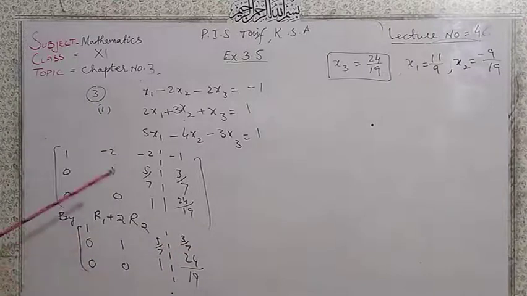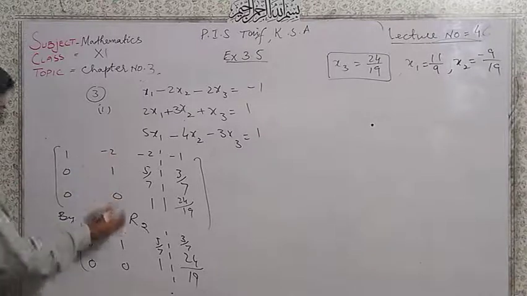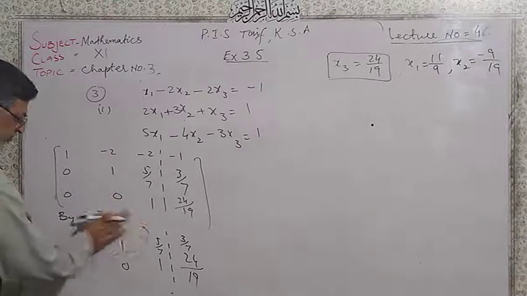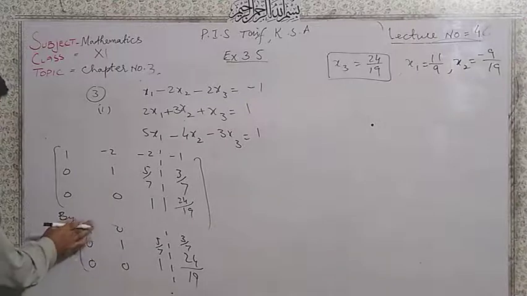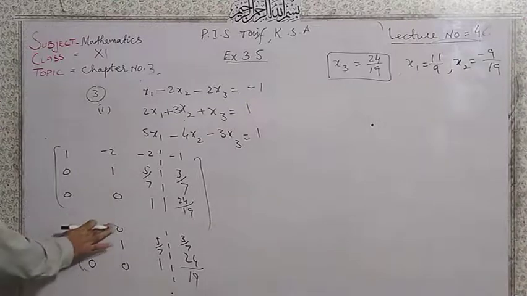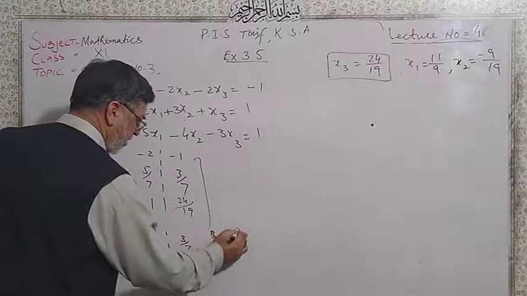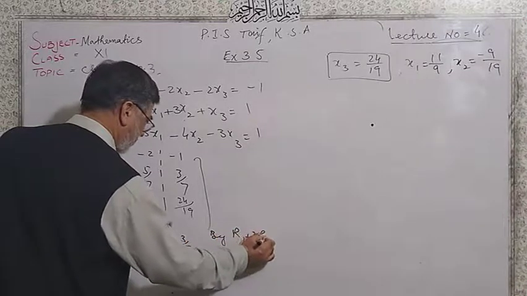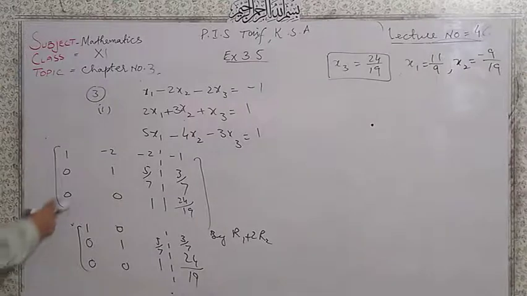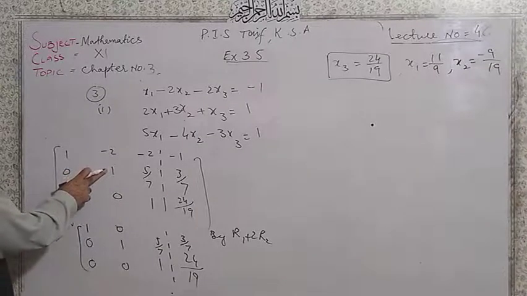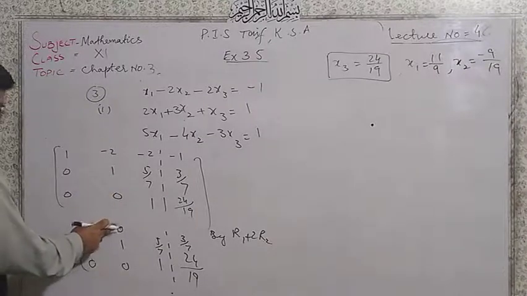After that, multiply this number by 2 and add it in R1. Then it will become 0. Here we can write down r1 plus 2r2. Here it is multiplied by 2, added here, it becomes 0.